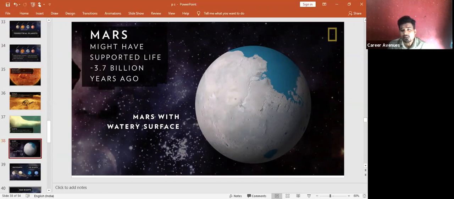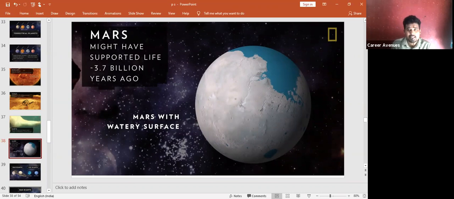Why weak? See, in the case of our Earth, we have a strong magnetic field because of the outer core. In the outer core, we have liquid iron and nickel, which is constantly moving due to the rotation of Earth, and it generates a magnetic field and electric field around the Earth. These electric and magnetic fields protect us from solar radiation.